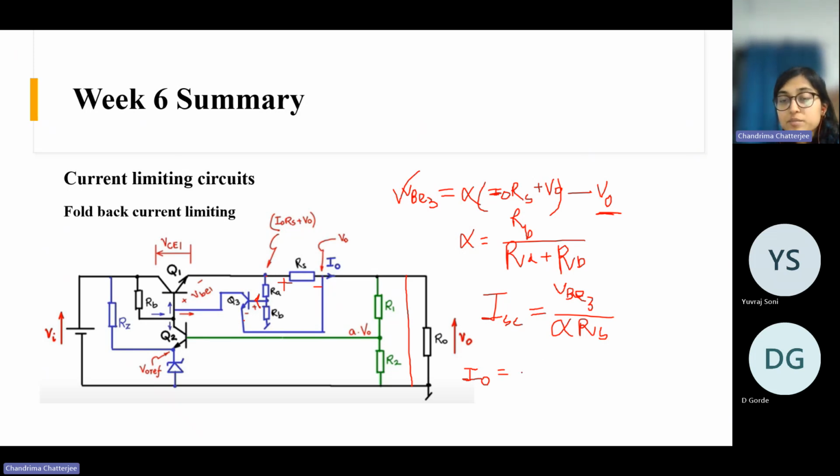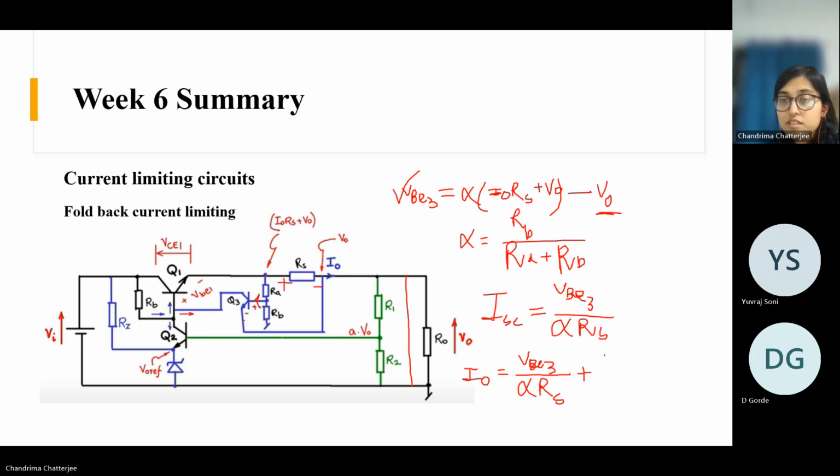So it becomes VBE3 by alpha RS, and there will be an additional term which comes due to the presence of V naught.